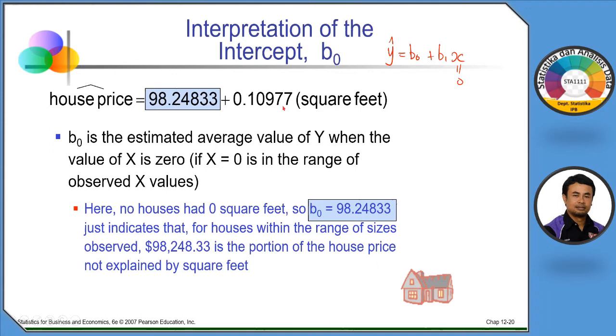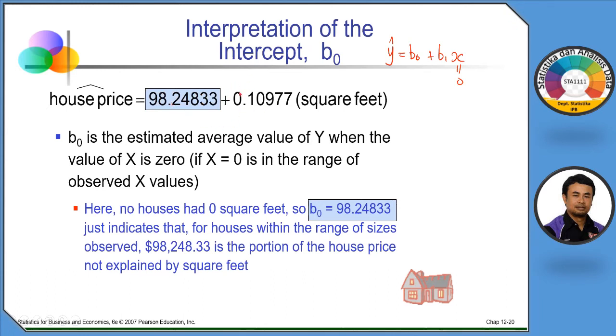So this one is just the minimum house price. If the house size is very small, the minimum price is perhaps around 98,000, because x is very close to 0.